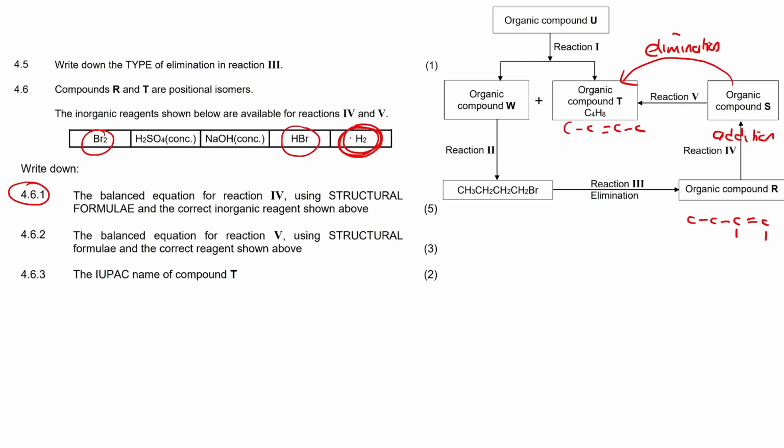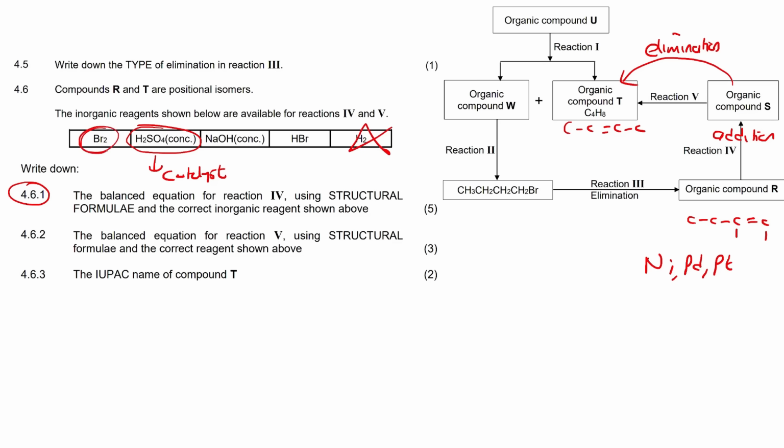Because in order to add hydrogen to an alkene, you need a nickel or palladium or platinum catalyst. And I don't see them add any of those over here. You might say, Kevin, but they're not showing any catalysts over here. They're just showing the reagents. That's what I thought. But then they're also giving us H2SO4, which is always used as a catalyst. It's never a reagent. So if they wanted us to use hydrogen, I would imagine that they would have put platinum, palladium, nickel here. Okay? So we're not going to use hydrogen.